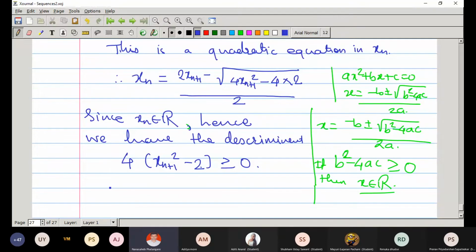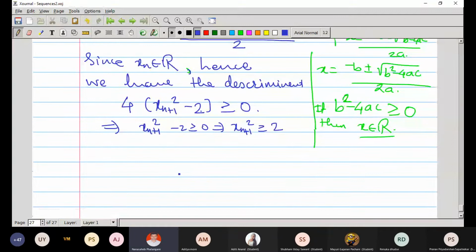But 4 is already a positive quantity. So xn plus 1 square minus 2 is greater than or equal to 0. That means xn plus 1 square is greater than or equal to 2. So that means xn plus 1 is greater than or equal to root 2.